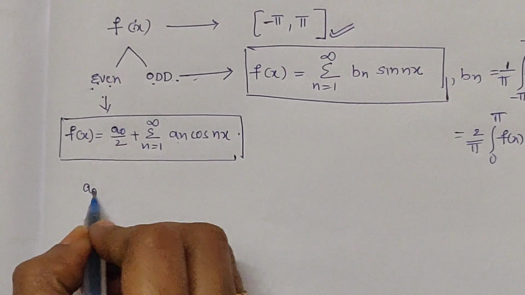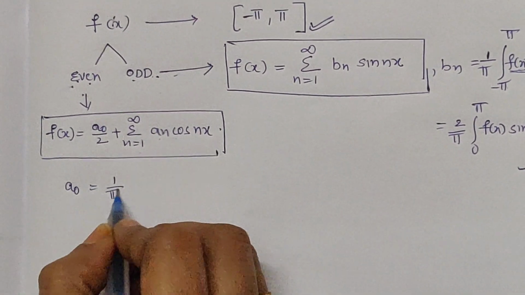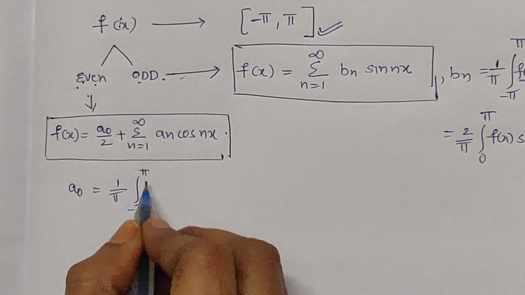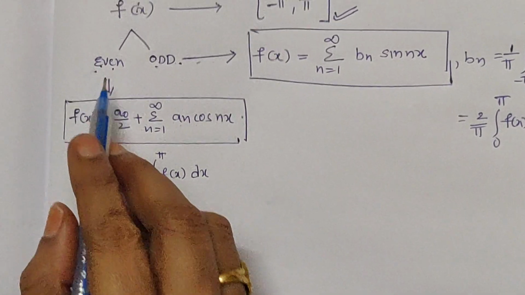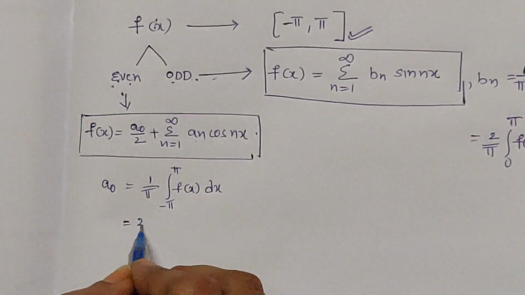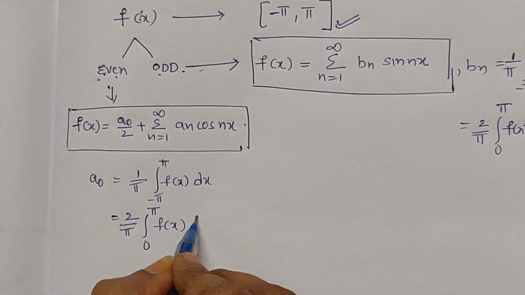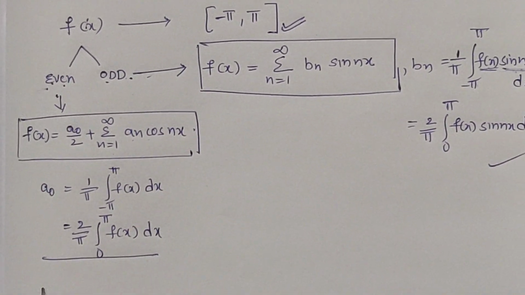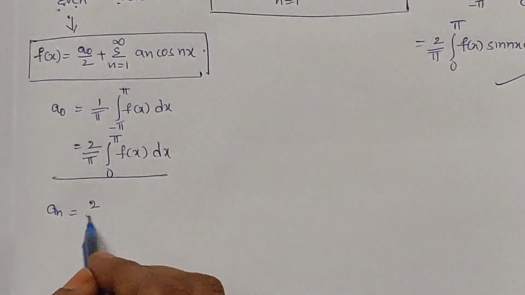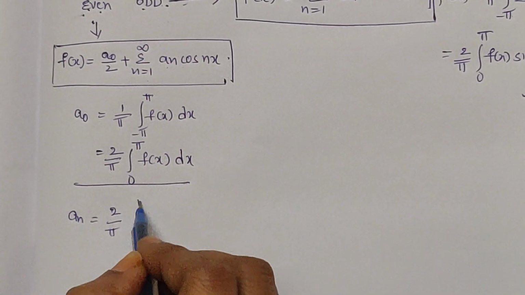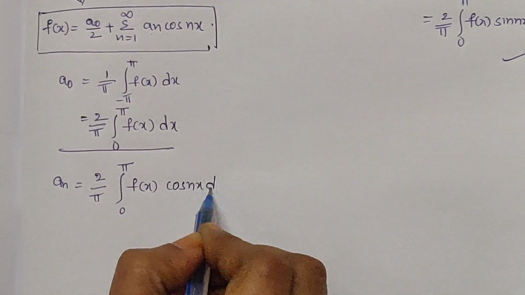Here to find a0, the formula is 1 by pi, integral minus pi to pi f of x dx. Since f of x is even, you may write this as 2 by pi, integral 0 to pi f of x dx. To find an, you will get 2 by pi, integral 0 to pi f of x cos nx dx.